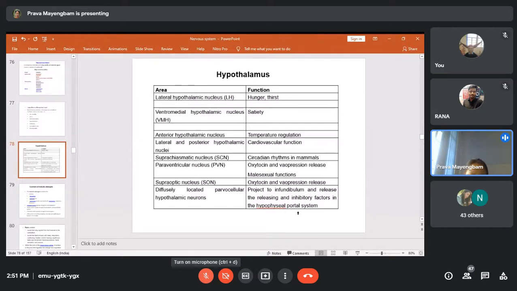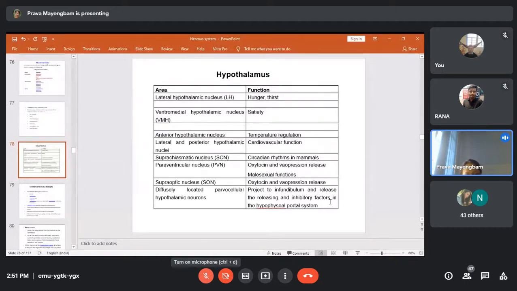That means a set of capillaries which are running in and around the hypothalamus and the pituitary.